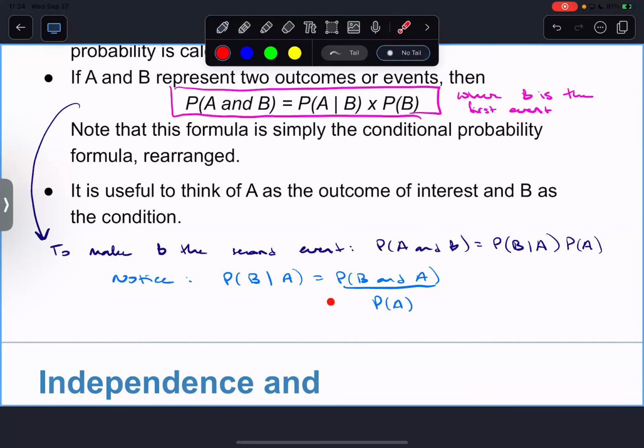I've just multiplied the P of A over and solved for the probability of A and B. A and B. The and makes them interchangeable. And what did I do? I just multiplied this over to solve for the probability of A and B.